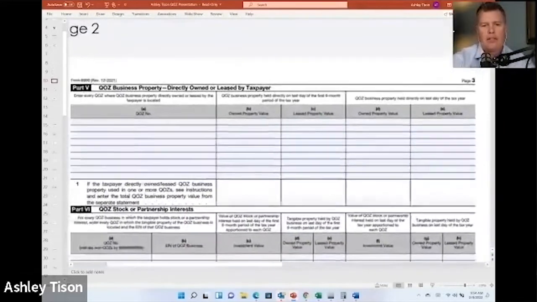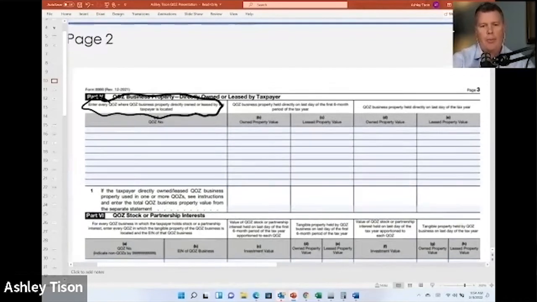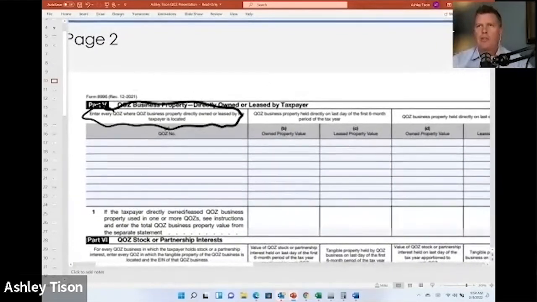And you're going to enter the qualified opportunity zone tract number, right? So this is: enter every qualified opportunity zone where qualified opportunity zone business property is directly owned or leased, where the property is located.